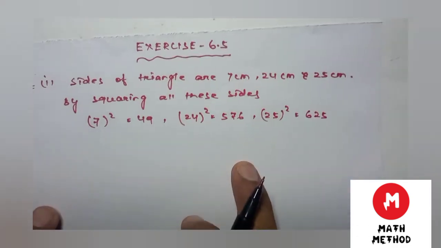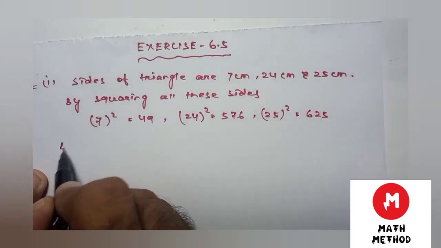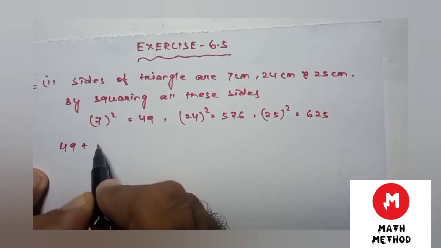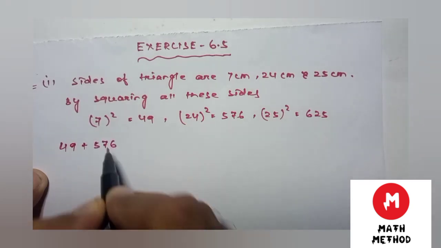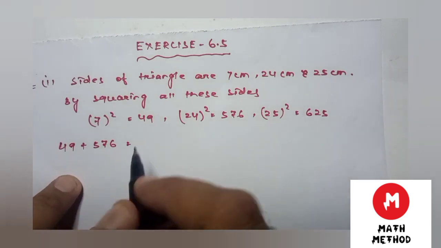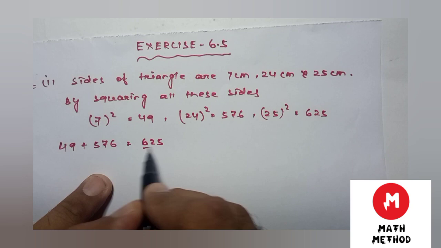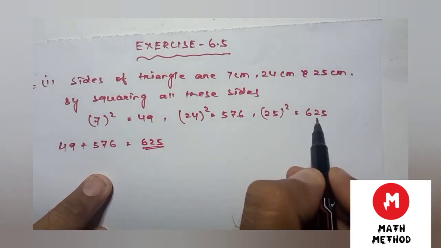Now 49 plus 576, add 49 with 576, we will get 625. Now this is the square of the third side.